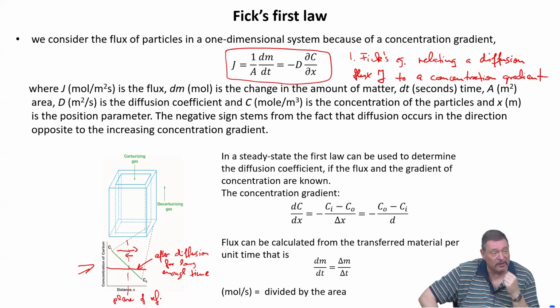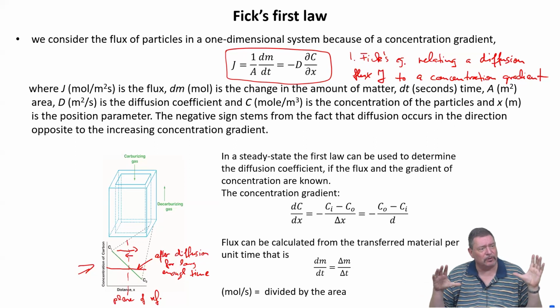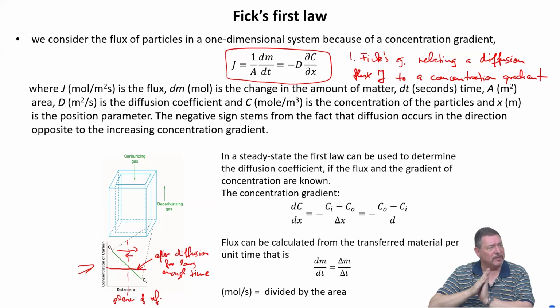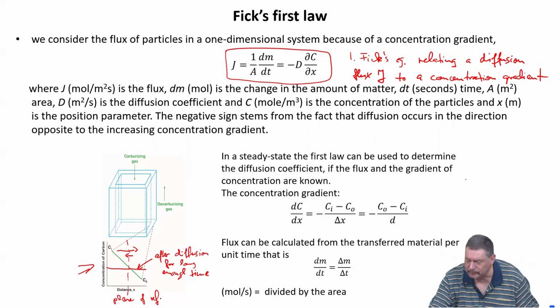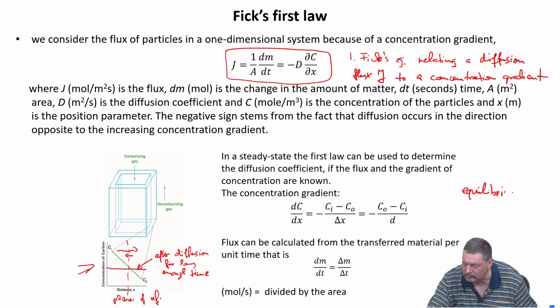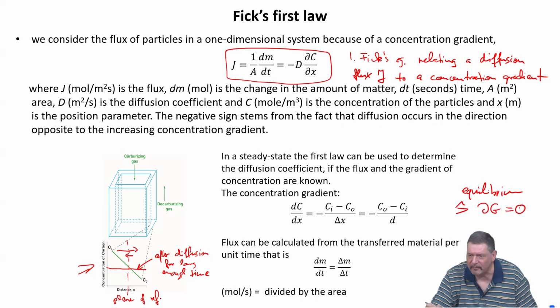This is the equilibrium flux under the condition that the concentration gradient is there. But the system will not be in equilibrium if there is a concentration gradient. So the total equilibrium, meaning, no, it's actually dG equals 0, right?